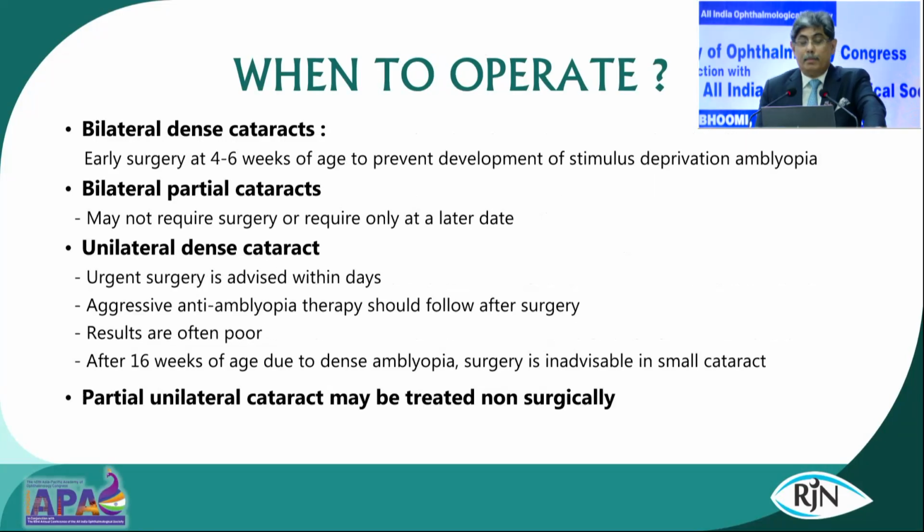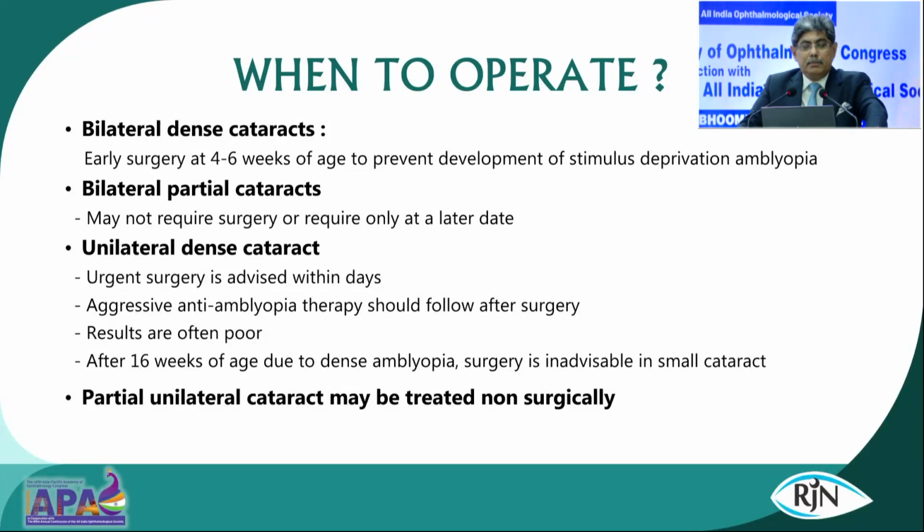So when to operate? In bilateral dense cataract cases, early surgery at 4 to 6 weeks of age. In bilateral partial cataracts, they may not require surgery, or require surgery at a later age. For unilateral dense cataract, urgent surgery is required within days, and we should have a good anesthesia team to support us. Aggressive anti-amblyopia therapy should be followed after the surgery.